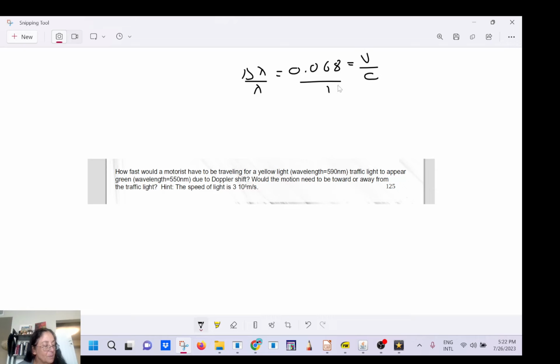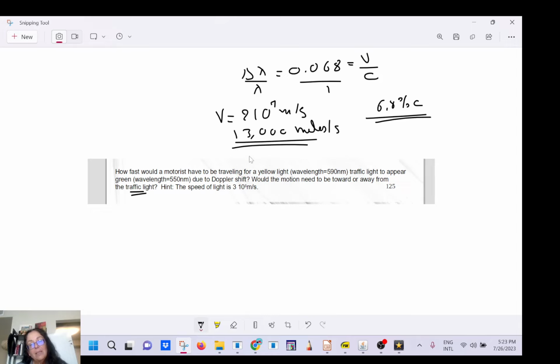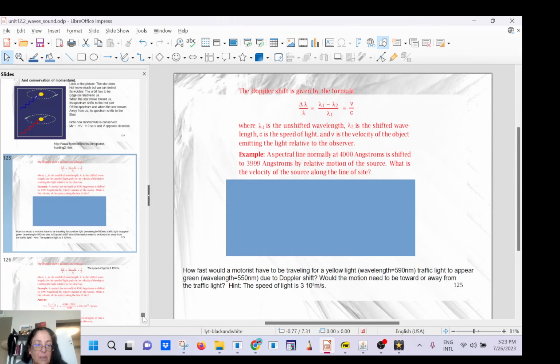That's already much more, because that means it's 6.8% of the speed of light, if you were to have that argument. So if you compute the speed, it's going to be 2 times 10 to the 7 meters per second. Of course, it's very fast. Miles per second, okay, it would be very fast. It cannot be, right? It's not possible.